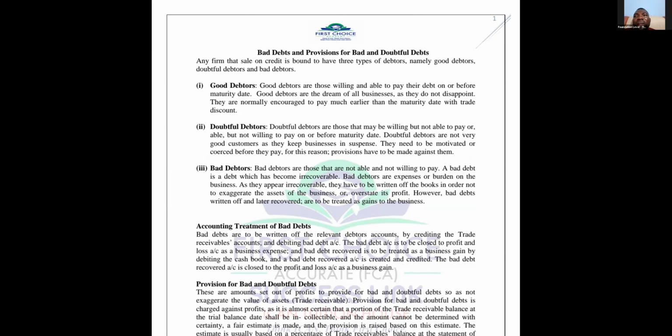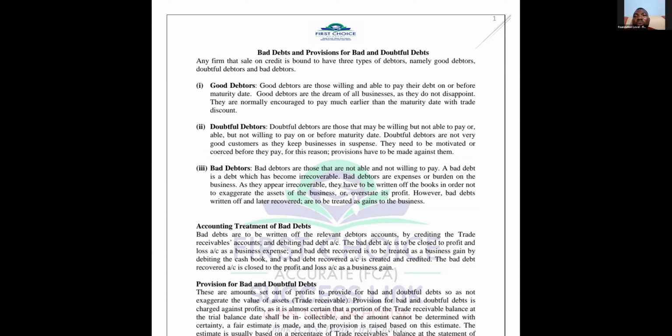Now, we have three types of debtors. We have good debtors, we have doubtful debtors, and we have bad debtors. The good debtors are those that are willing and able to pay. They have the mind to pay, and they have the financial capacity to pay. So they don't like to disappoint, and they like to keep their integrity and self-respect. So you have no risk on that.